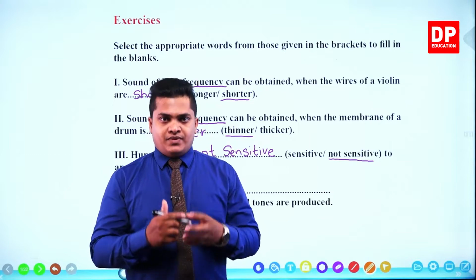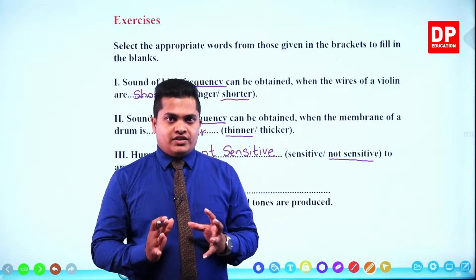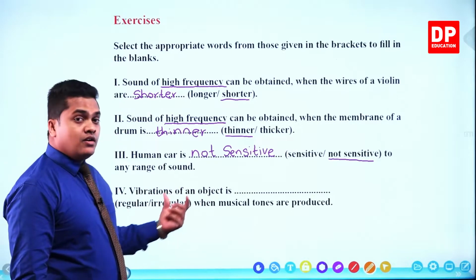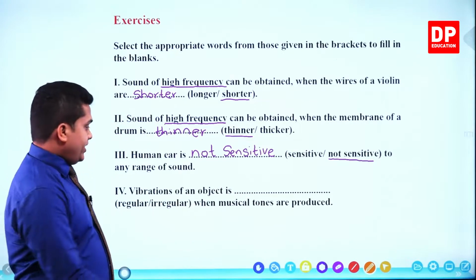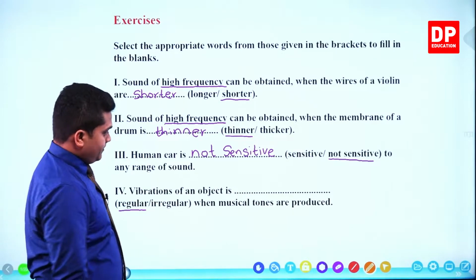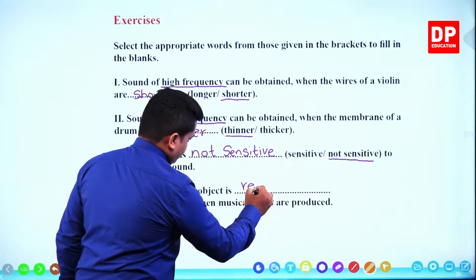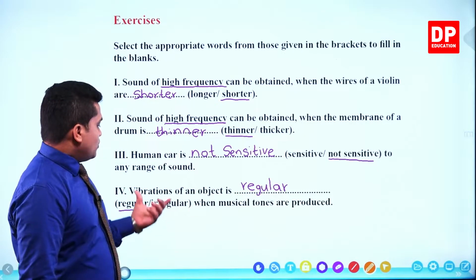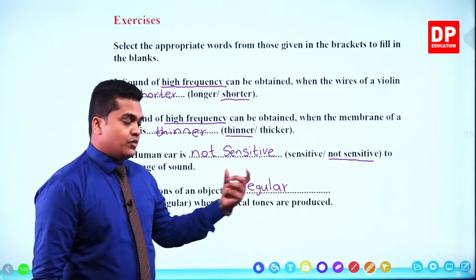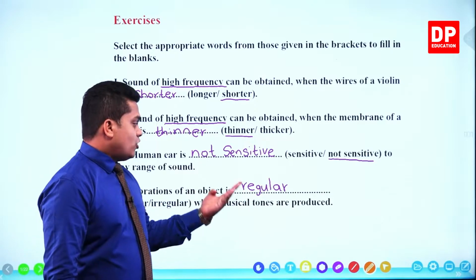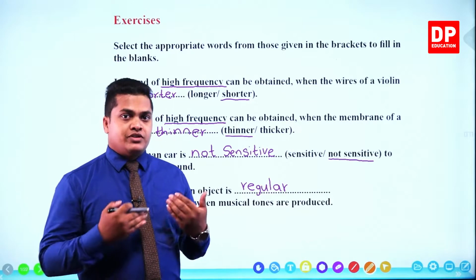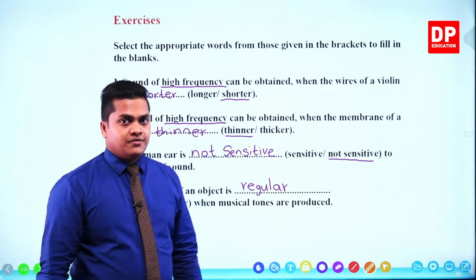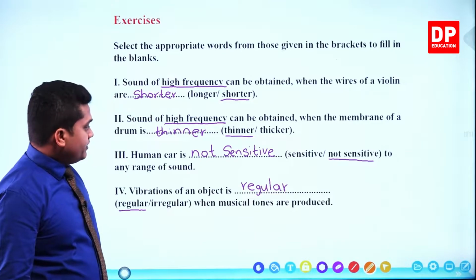So in this question, it's obvious that vibrations of an object are regular when musical tones are produced. When producing musical tones, we use regular vibrations of an object. Right. Now we'll move on with the next question.